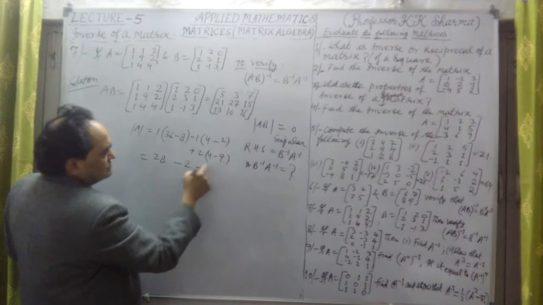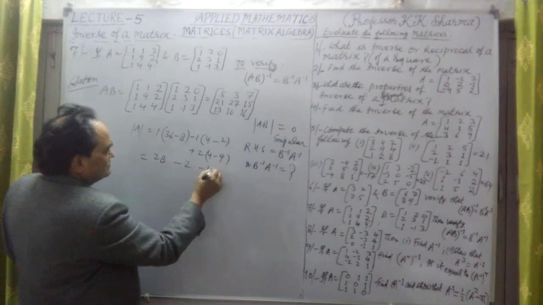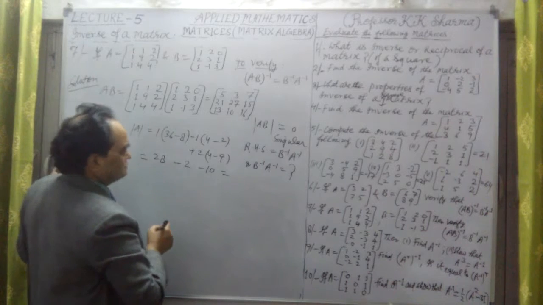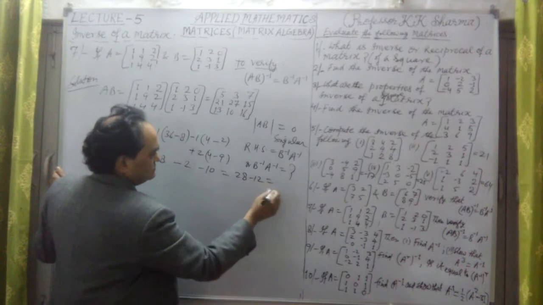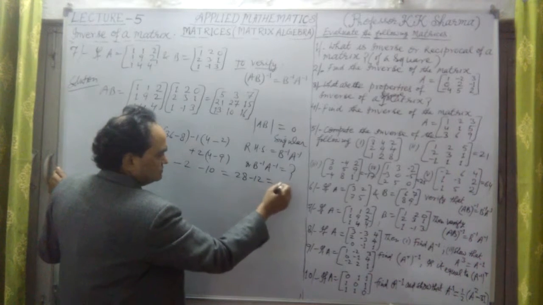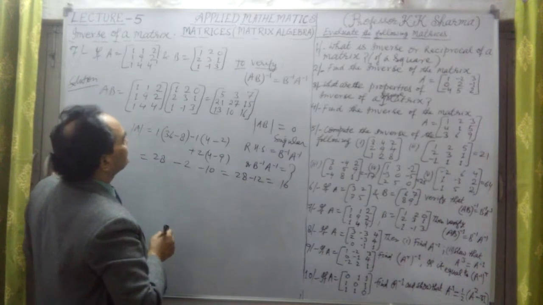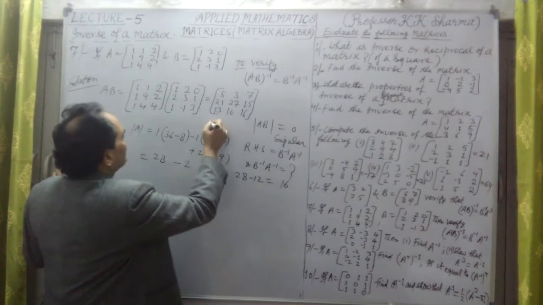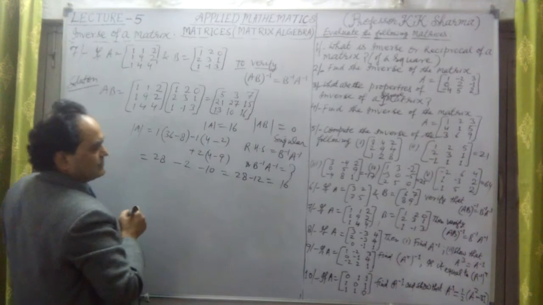This is plus minus 10 here because minus 5 is minus 10. It is 28 minus 12. 28 minus 12, that means 16. Yeah, it comes out to be 16 here. No problem. So the determinant value of A is 16.